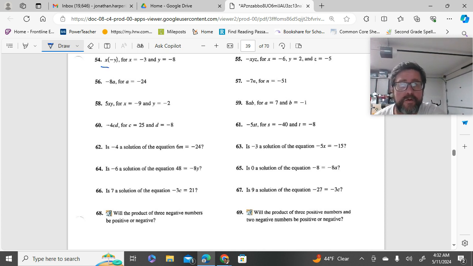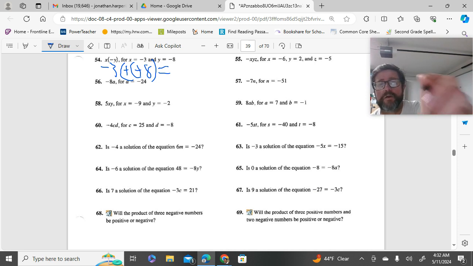Let's write this one out. Negative 3 times negative 8. So you turn these two into a negative, so then it would be negative 3 times positive 8. And you would say 3 times 8 is 24.